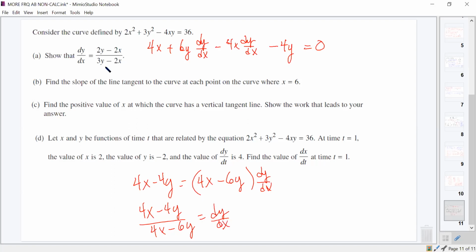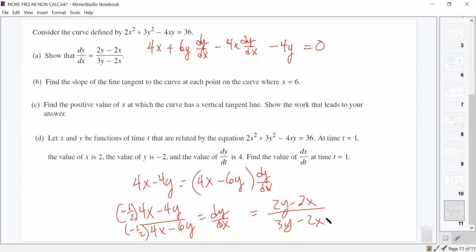That's not exactly like that. In fact, they've got the negative split. So if we multiply by negative a half, that's going to give us a positive 2y minus the 2x over a positive 3y minus the 2x. So we can show that that is the derivative.